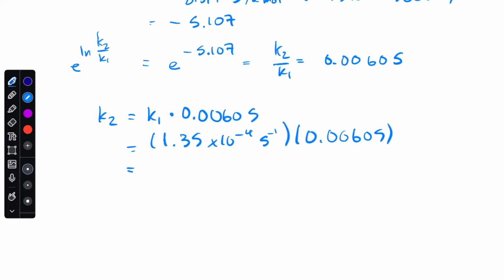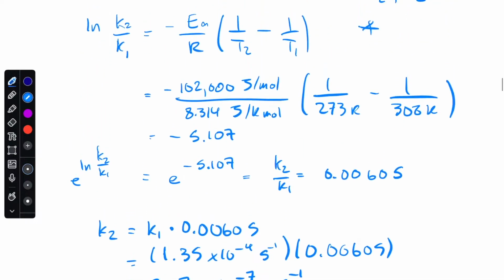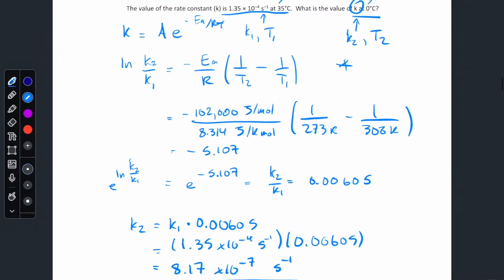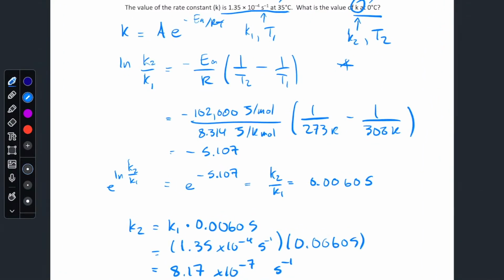And that gives us the number 8.17 times 10 to the minus 7 seconds to the minus 1. So a little bit of work to get us there, but there it is.